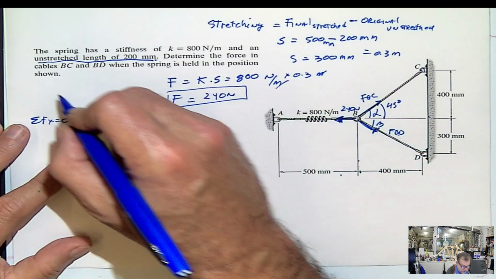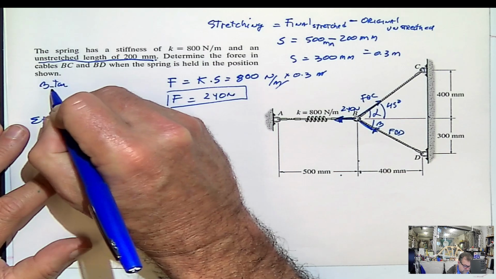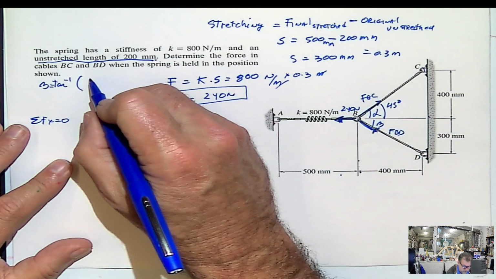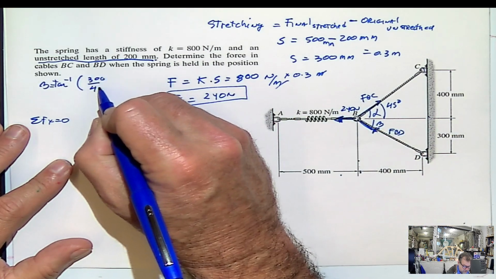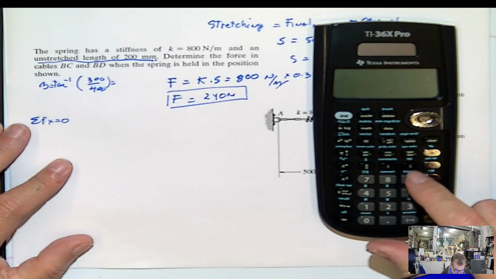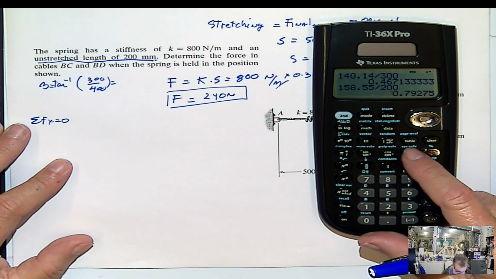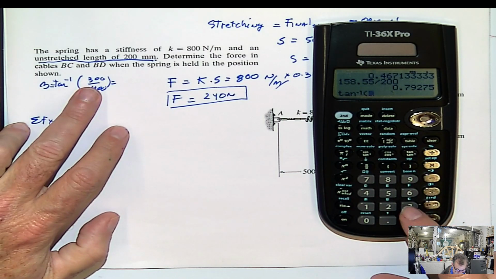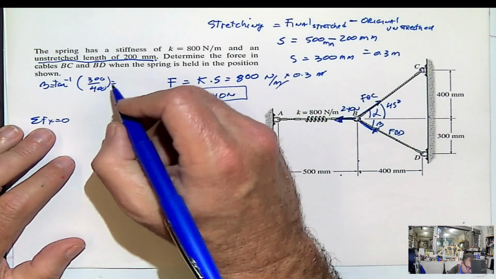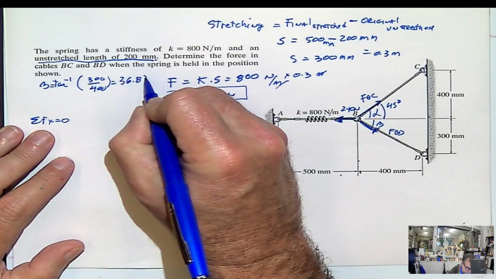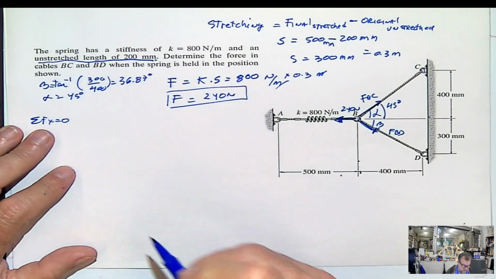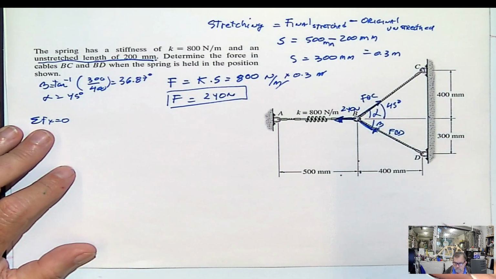But we can calculate beta as inverse tangent of 3 over 4, or 300 over 400, which is the same. Inverse tangent, that's 36.87 degrees. And alpha equals 45 degrees, same thing, inverse tangent of 4 divided by 4.